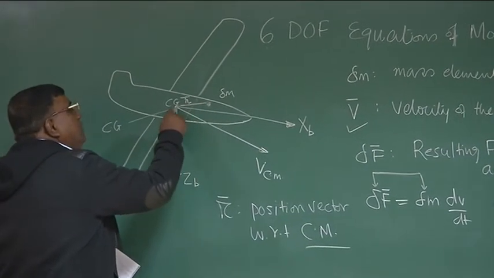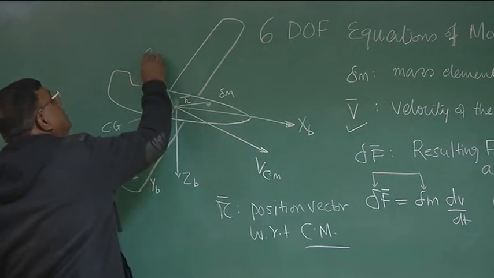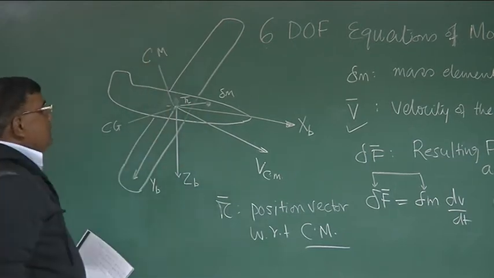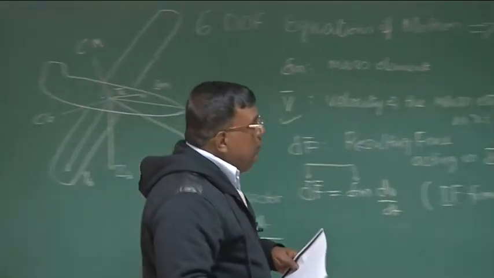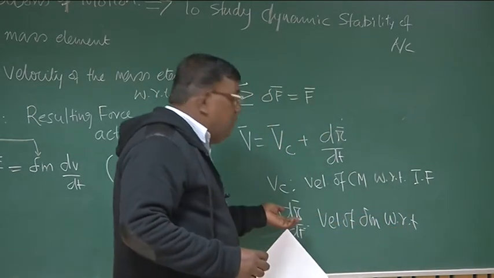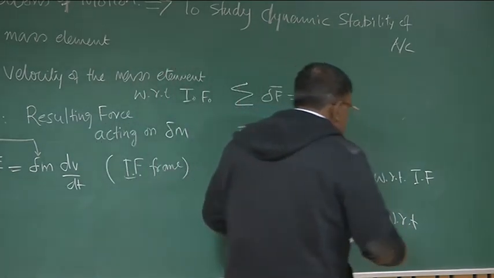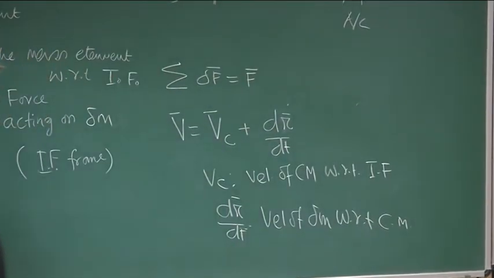This r is with respect to the center of mass, which I am writing as Cg. So, for the general situation I write center of mass. Clear? So, what is dr by dt? This is the velocity of delta m with respect to the center of mass, since r was with respect to the center of mass. So, dr by dt is also with respect to the center of mass. For us it is the center of gravity also, the concept is the same, right.